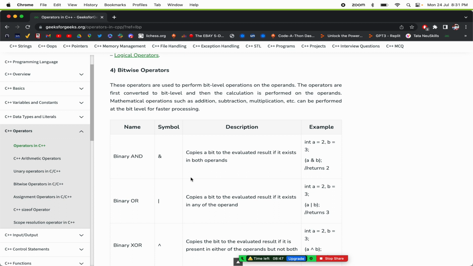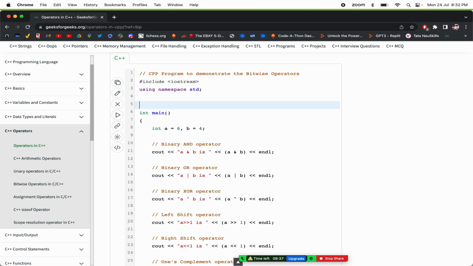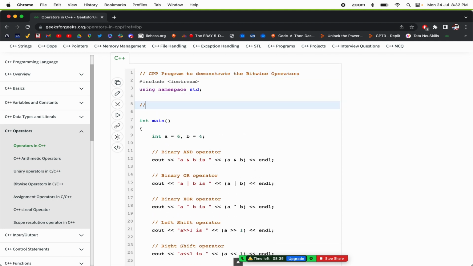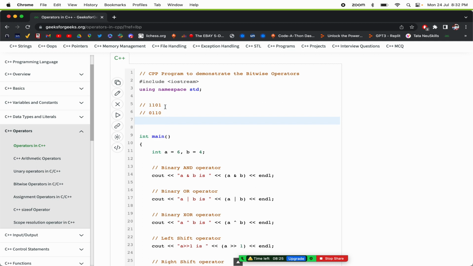So only if both the bits are true is it going to return 1. Let's take 1101 and 0110 and write it out. This will check from the rightmost bit whether both the corresponding bits are 1.